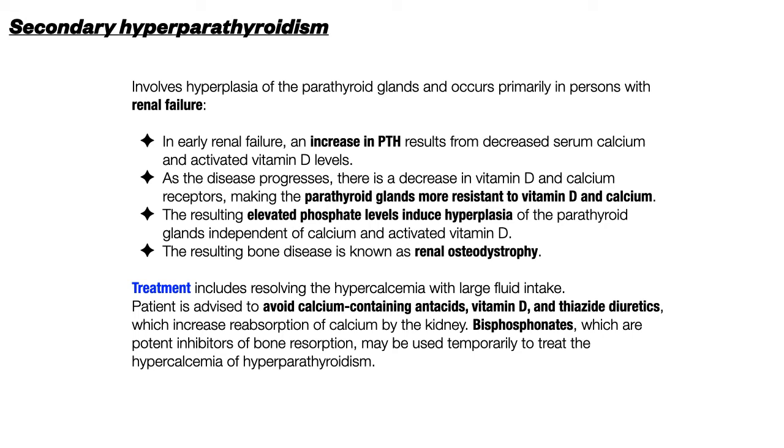So that results in elevated phosphate levels induced by the hyperplasia of the parathyroid glands that try to compensate, and this is independent of calcium levels and activated vitamin D.